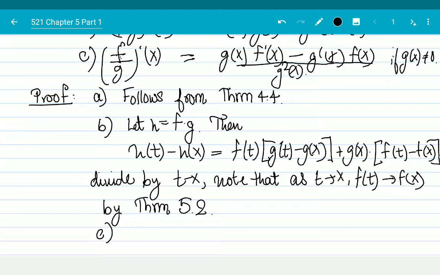For C, let h of x be equal to, again, f over g in this case.